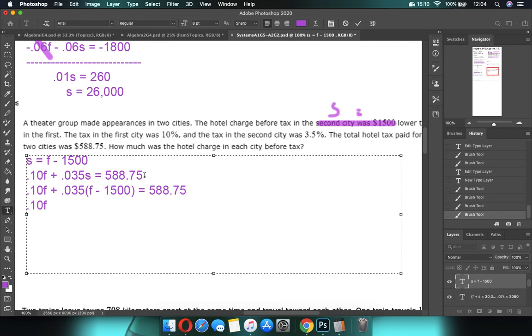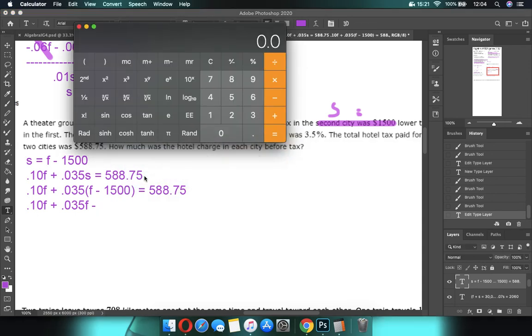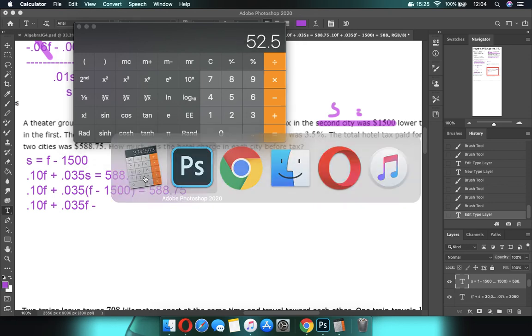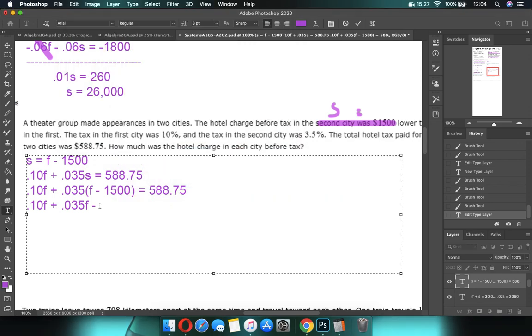So 0.10F plus 0.035F minus, I'm good but I'm not that good, so 0.035 times 1500. 52.5. Okay, that makes sense. 52.5 equals 588.75.